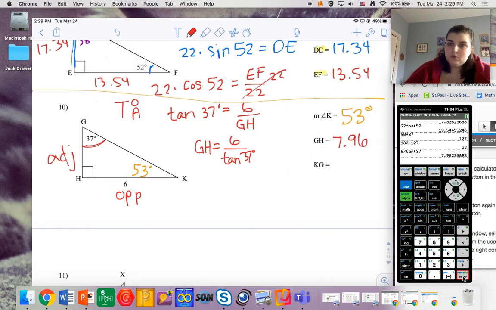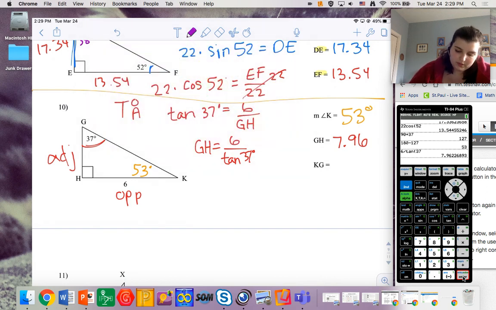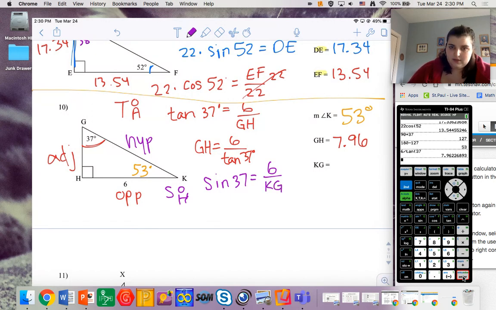And in order to find the hypotenuse, I'm going to use the 6 still because, again, it's the number given to me. So I'm going to work using sine, because sine is opposite over hypotenuse. So I want to use my opposite to find my hypotenuse. So sine of 37 equals opposite 6 over hypotenuse KG. I'm going to have to divide.